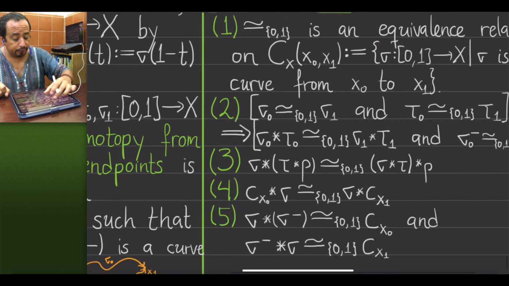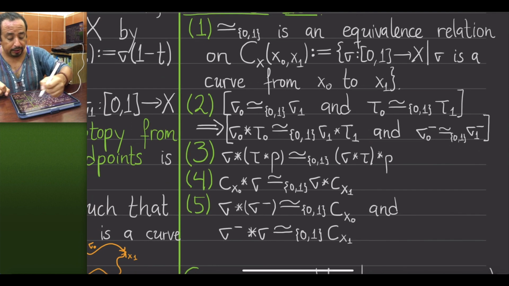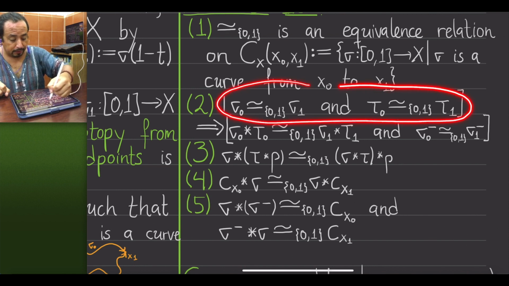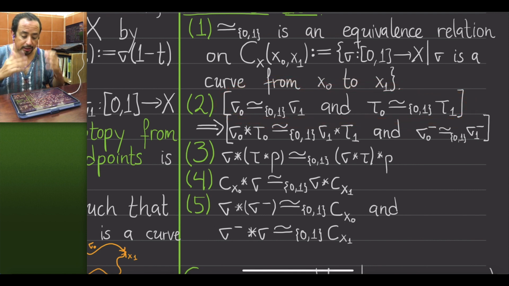Of course, here I didn't write the hypothesis that sigma naught can be concatenated with tau naught and sigma 1 can be concatenated with tau 1, but I did say it orally.